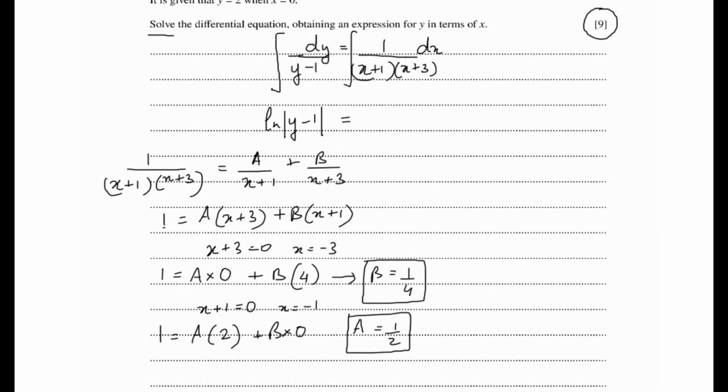Once we have the partial fractions, we can rewrite this. 1 over x plus 1 times x plus 3 can now be written as half over x plus 1 in the denominator, plus 1 by 4 over x plus 3 in the denominator.